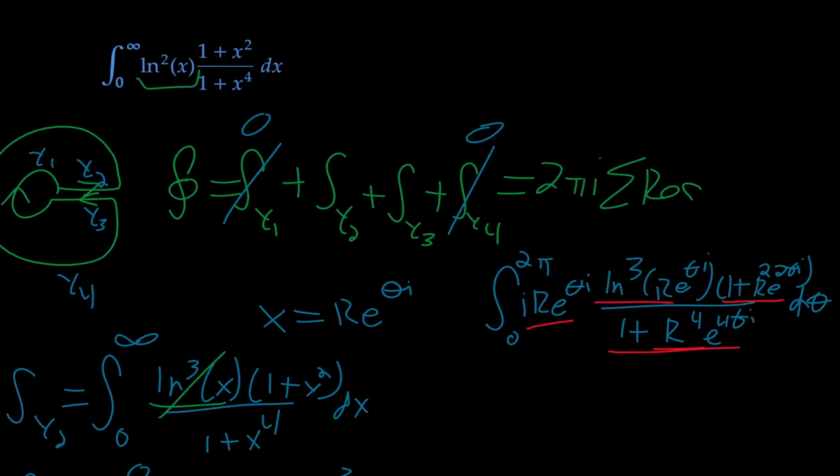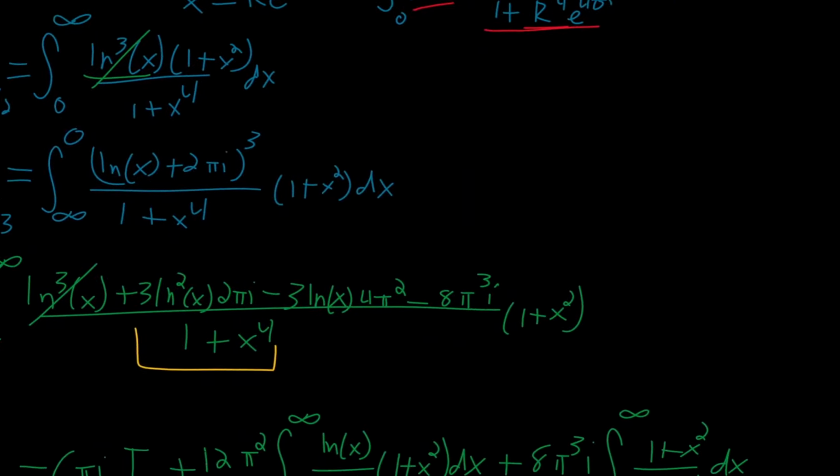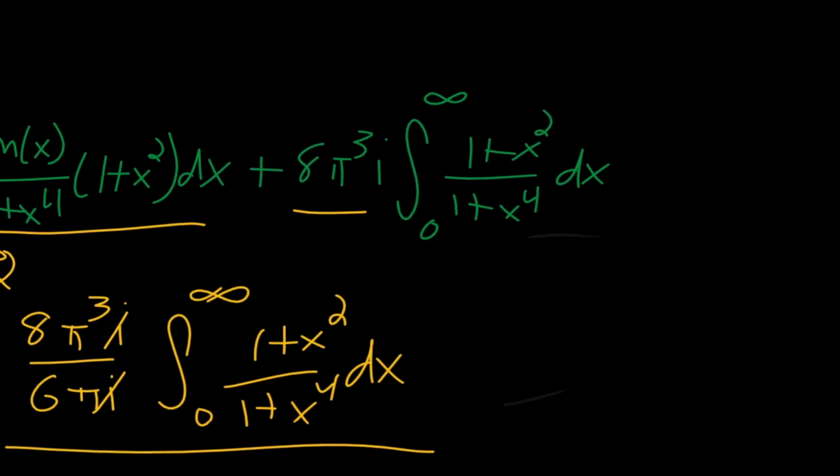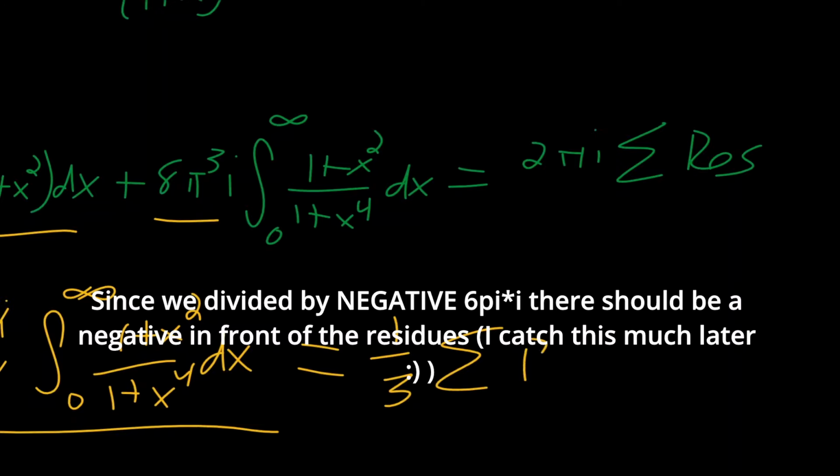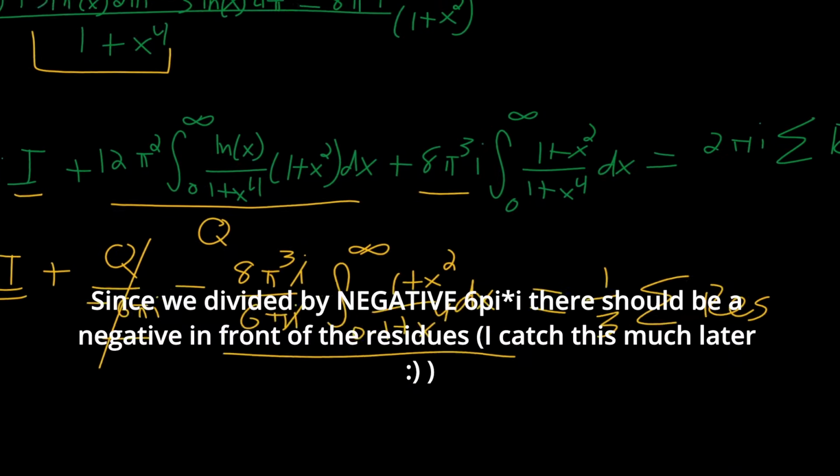All of this is equal to that, so whenever we divide by 6 pi i, come back here, this is equal to 6 pi i, or sorry, 2 pi i times the sum of our residues. We're also dividing by 6 pi i, right? So this right here is equal to 2 pi i over 6 pi i, which is just a third times the sum of all of our residues. I just want to make that clear before we go any further.